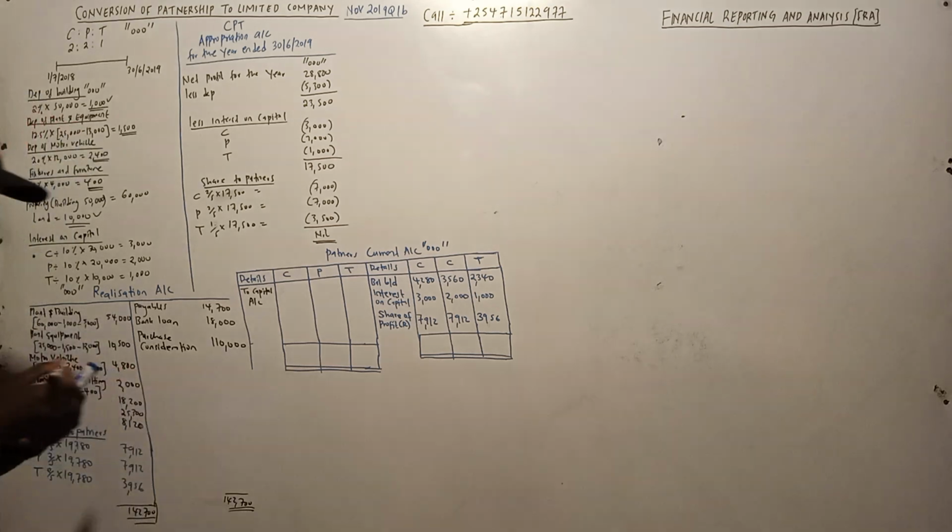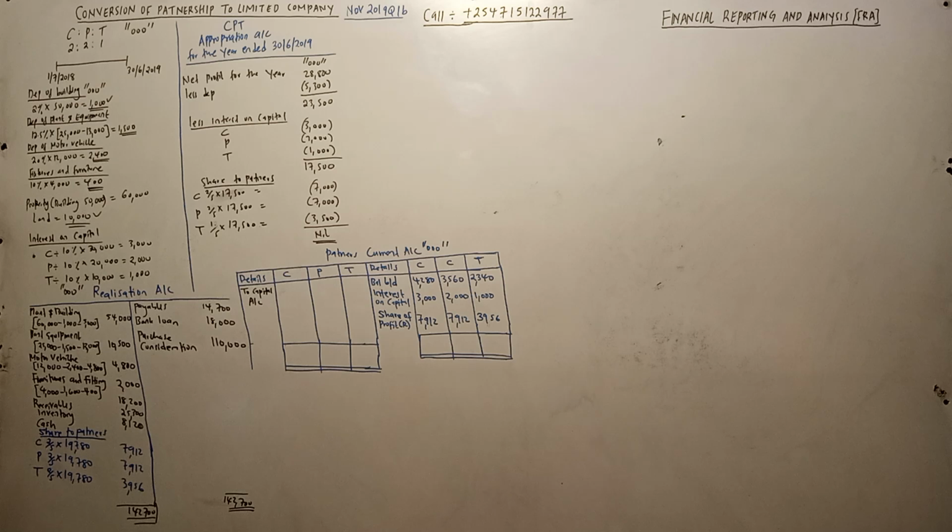Let us compute how much that is: 2340 plus 1,000 plus 3956.